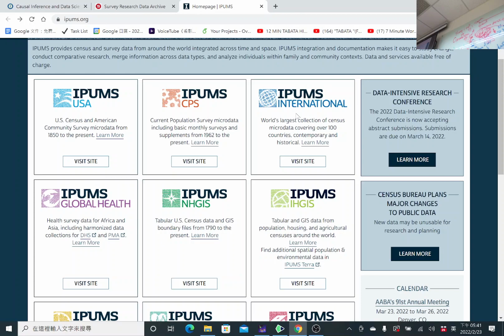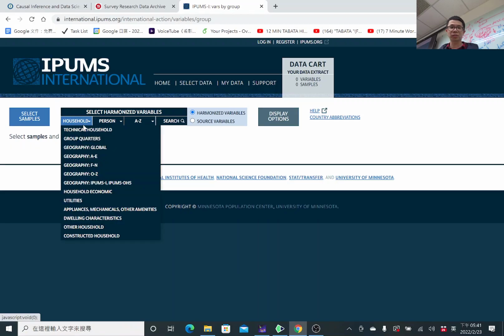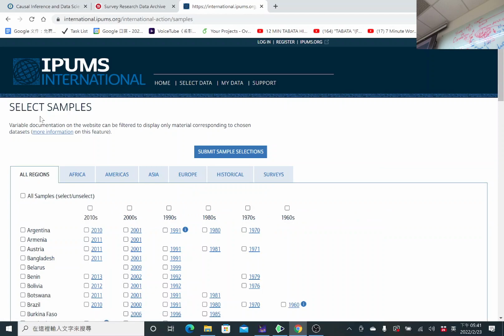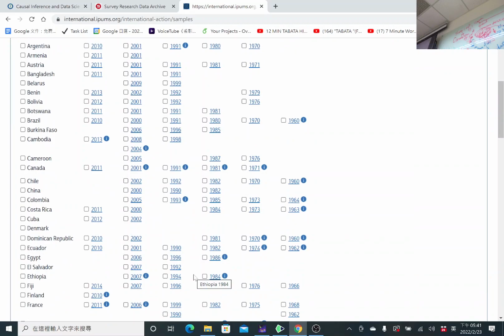It covers 100 countries' historical census. So if you want to know other countries or do some international comparison, that's also a good source. Yeah, so very similar format. You can get, or you can select sample. There's another select sample, and this will list the countries and years they have, and you can select. Yeah. And it's the census data.